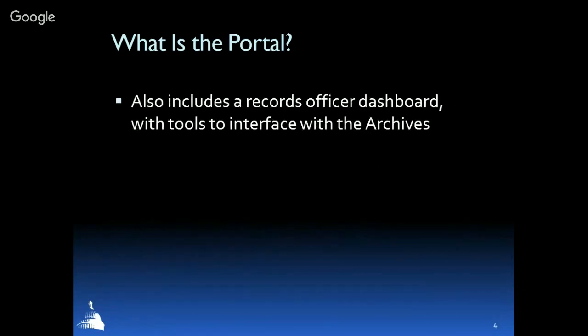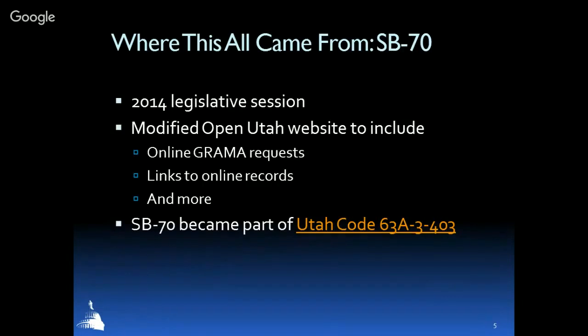The portal also includes a records officer dashboard, and I will show you a little bit of that as we go on. Where this all came from was Senate Bill 70 in the 2014 legislative session. It modified the Open Utah website to include online GRAMA requests and links to online records.